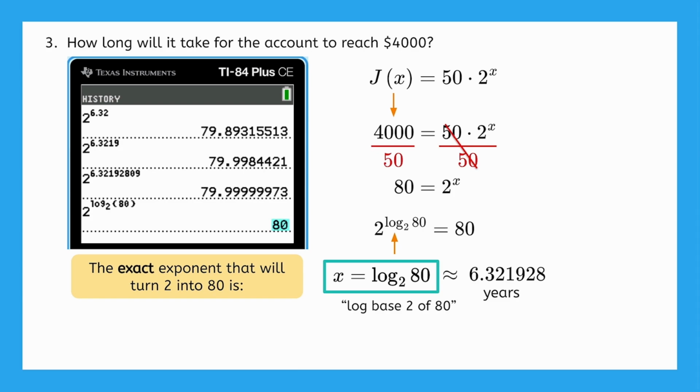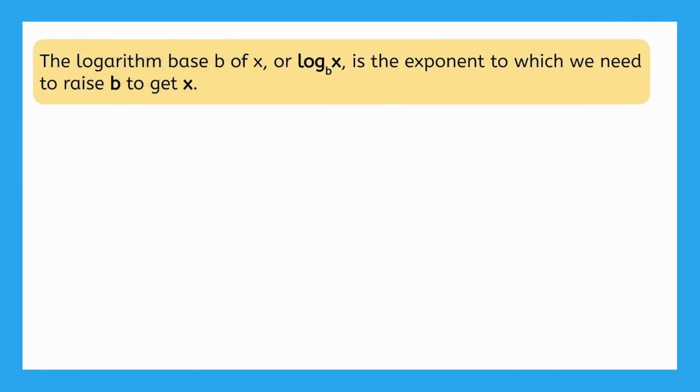Let's officially define what a logarithm is as follows. The logarithm base b of x, or log base b of x, is the exponent to which we need to raise b to get x. So in general, b to the power of log base b of x is, by definition, equal to x.